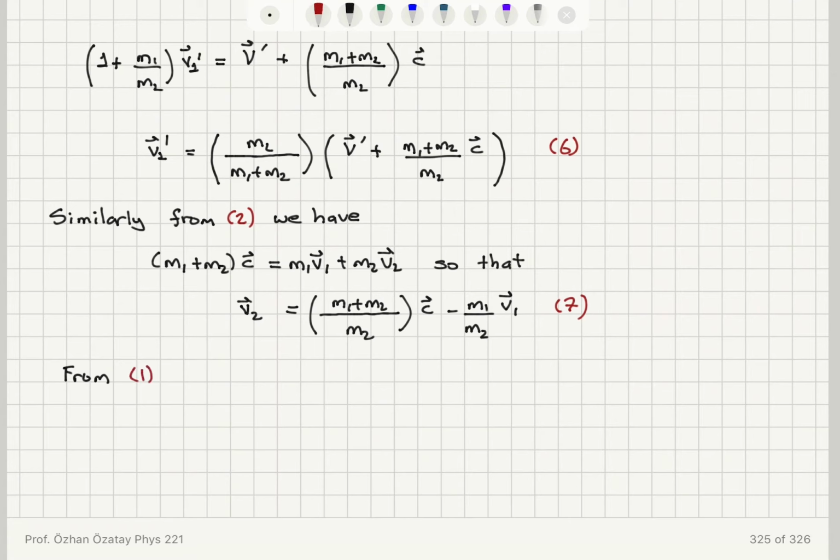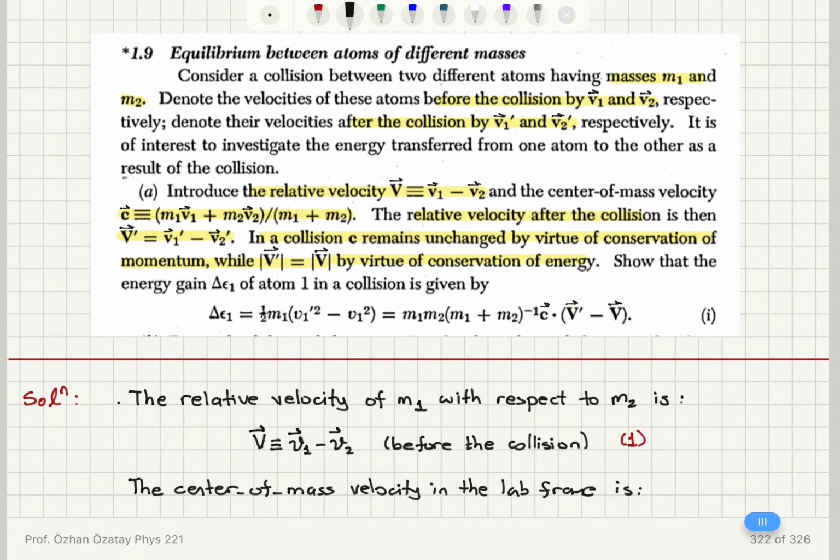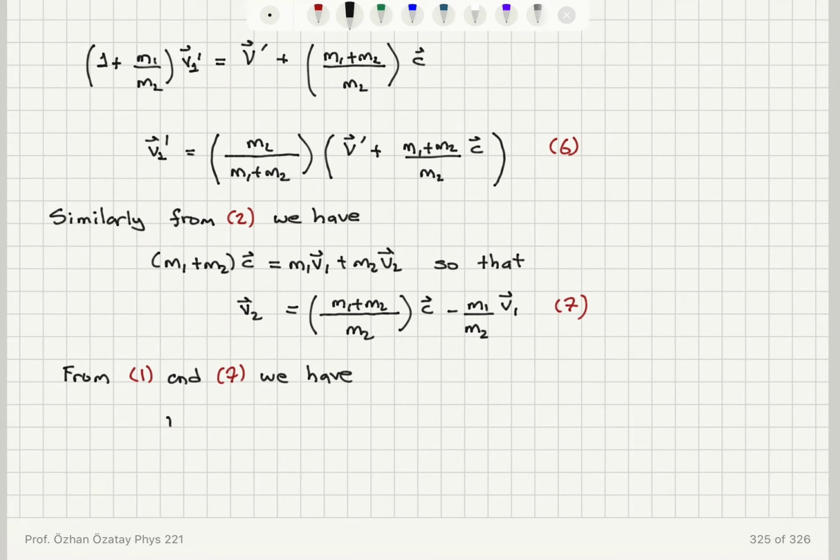from equation 1 and equation number 7, we can write: equation number 1 is the definition of relative velocity before the collision. For v1 we have capital V plus v2, and for v2 I substitute the result in equation number 7, (m1 + m2) over m2 times c minus m1 over m2 times v1.